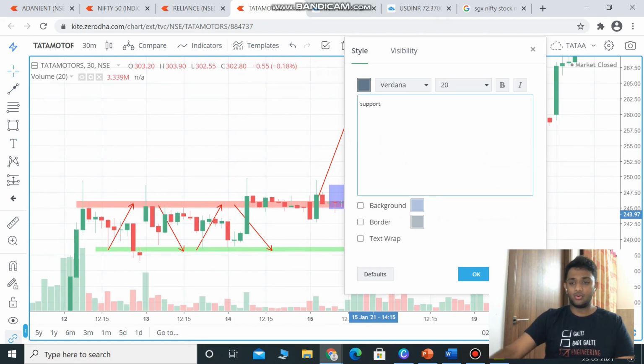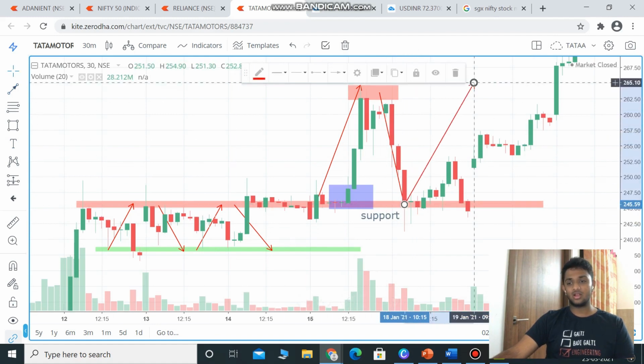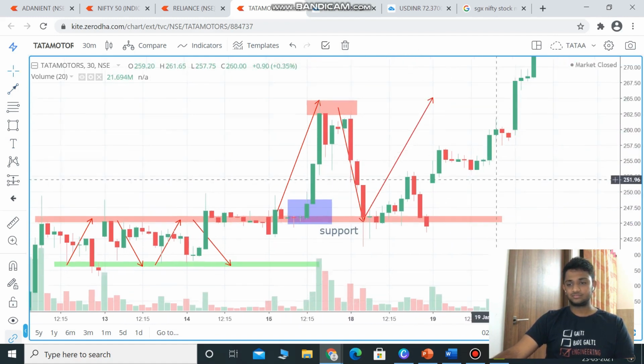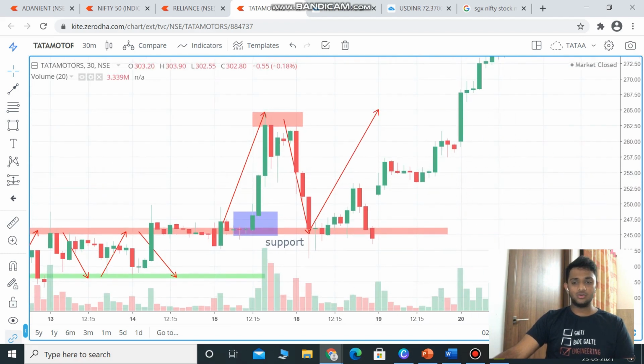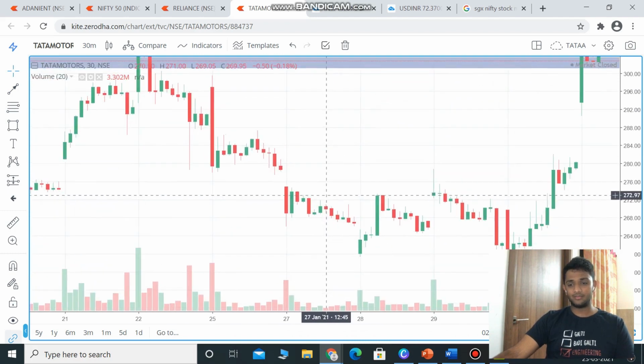It acts as support and starts going above. That is how you find the major resistance and support.